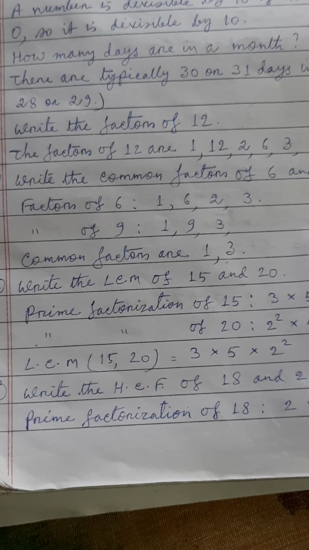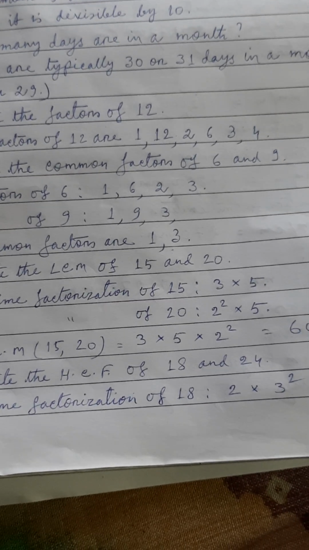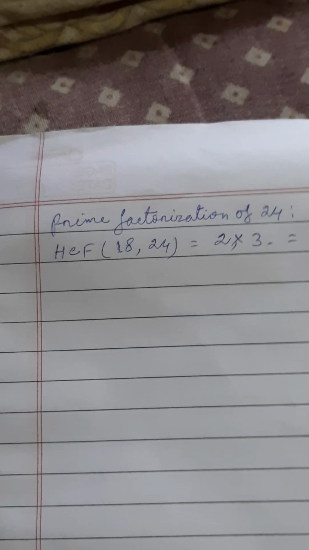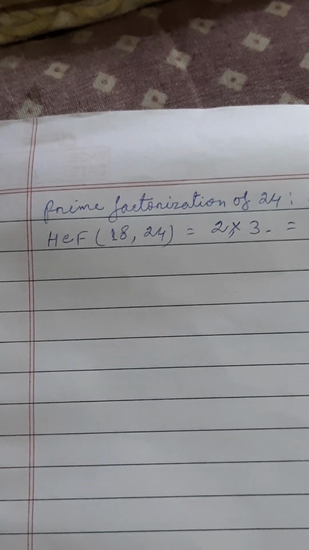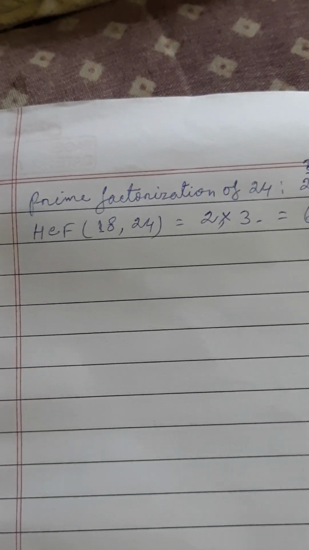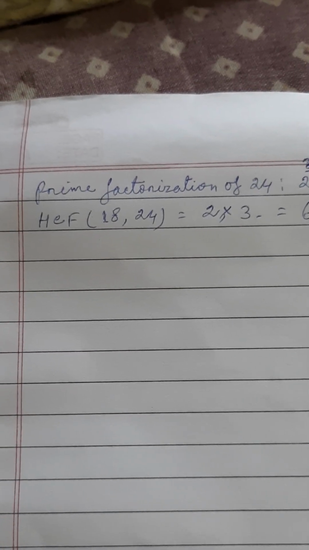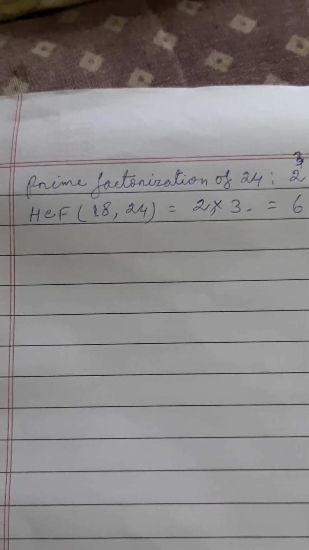Prime factorization of 18 is 2 into 3 square. Prime factorization of 24 is 2 cube into 3. HCF of 18 and 24 is 2 into 3, 6.